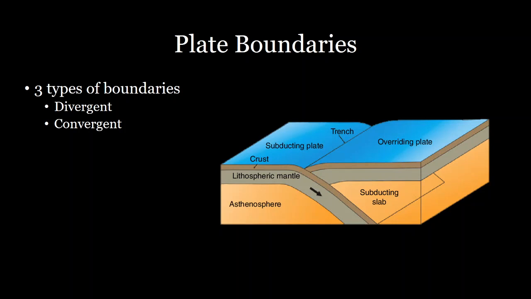The other type of plate boundary is a convergent plate boundary. This is when, instead of separating, two plates are colliding with each other. And so the dynamics of how that happens depends on whether these are oceanic plates or continental plates that are hitting each other.